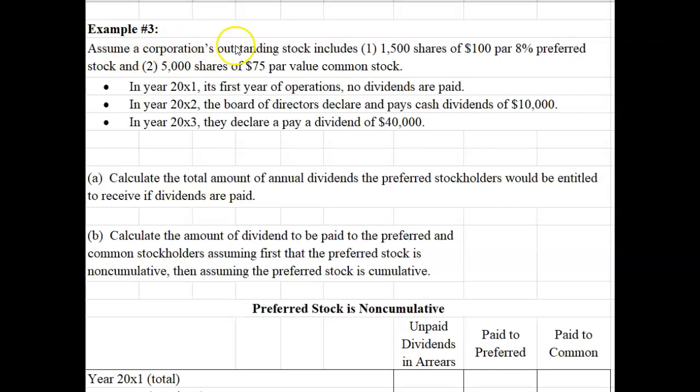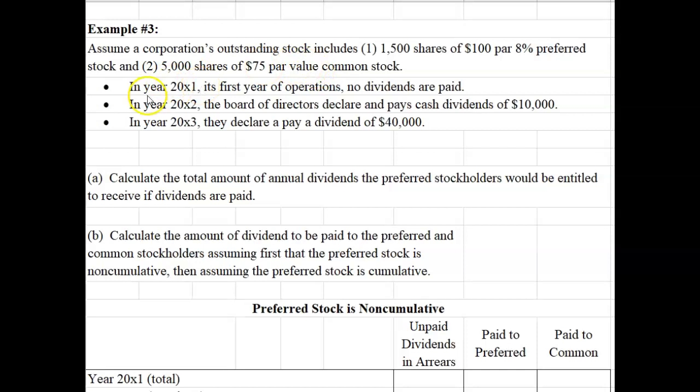Assume a corporation's outstanding stock includes 1,500 shares of $100 par 8% preferred stock and 5,000 shares of $75 par value common stock.